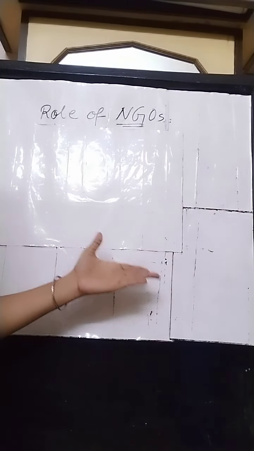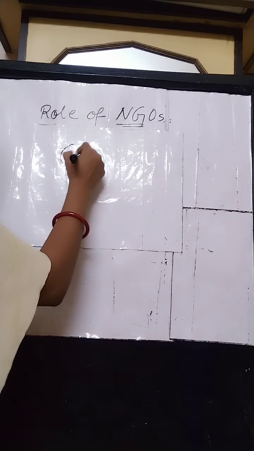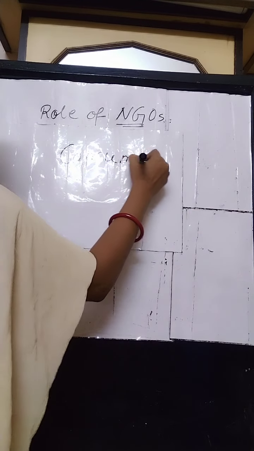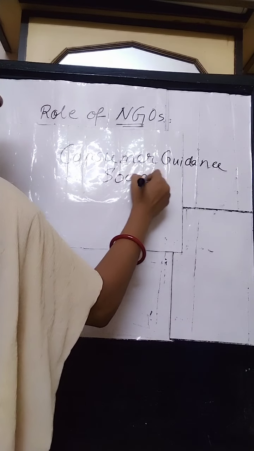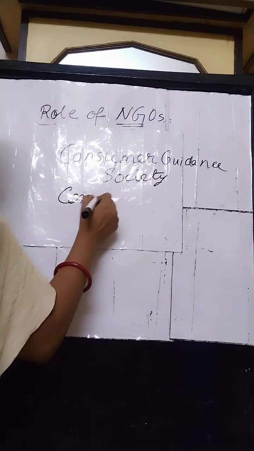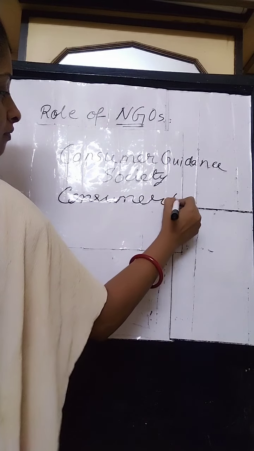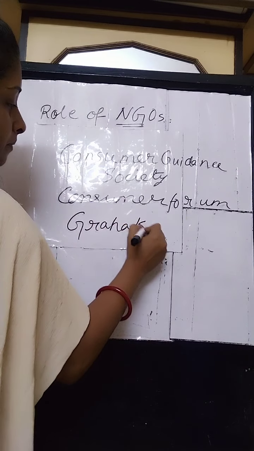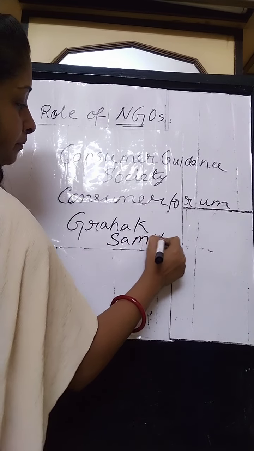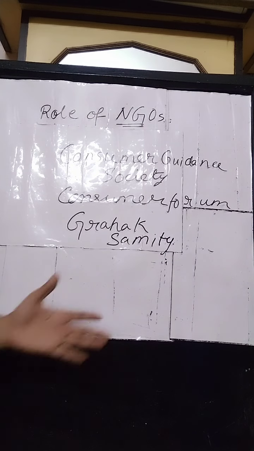In the field of consumer protection, these organizations have contributed immensely to protecting the interest of consumers. For example, Consumer Guidance Society, Consumer Forum, or Grahak Samiti. There are a lot of NGOs which have made an immense contribution in the field of consumer protection.